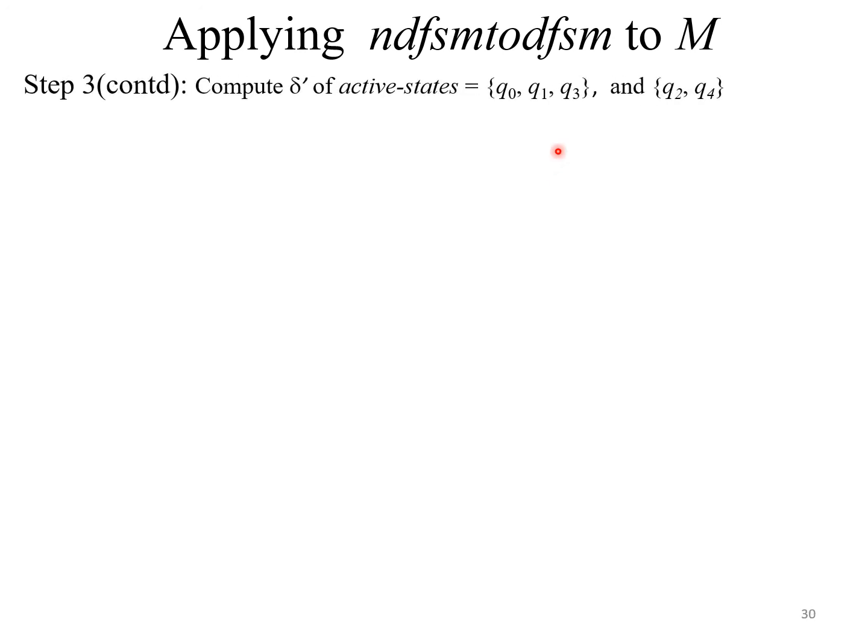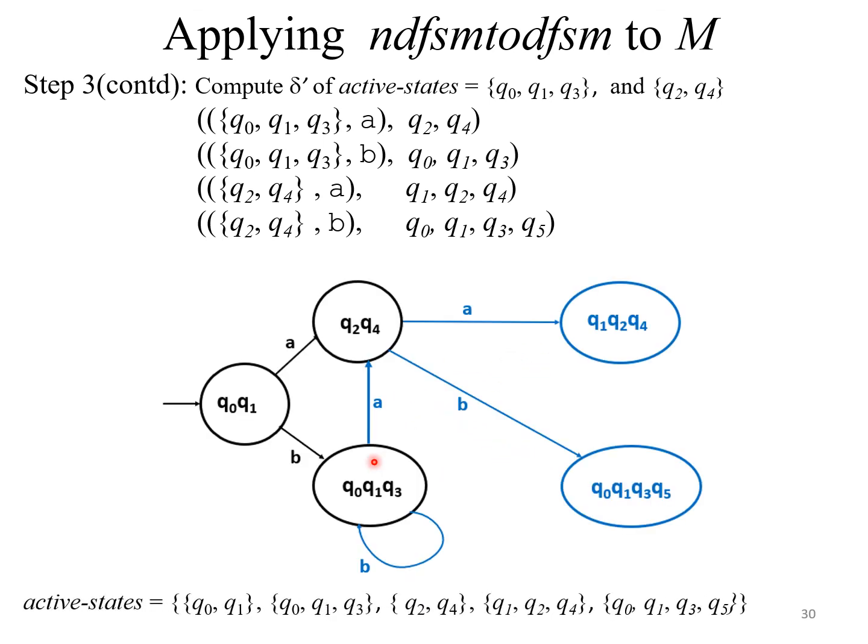After computing the delta transitions for the states q0, q1, q3 and q2, q4, we obtain q0, q1, q3 on a going to state q2, q4, and on b a self loop.